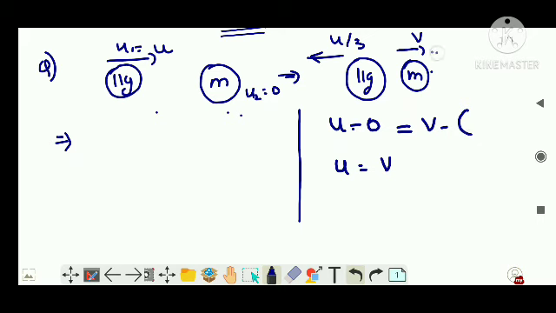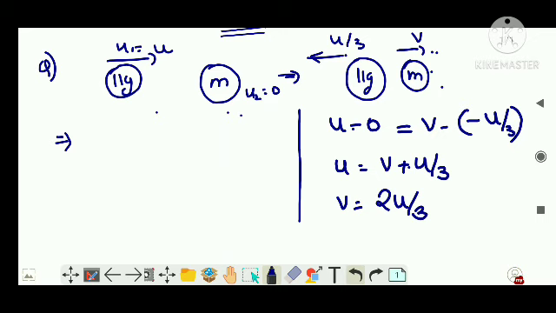So v2 minus v1 becomes v plus u by 3, so the velocity of the mass m becomes u minus u by 3, that is 2u by 3. The direction is very important because velocity is a vector quantity.